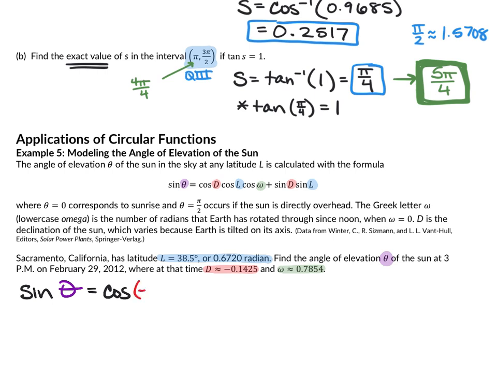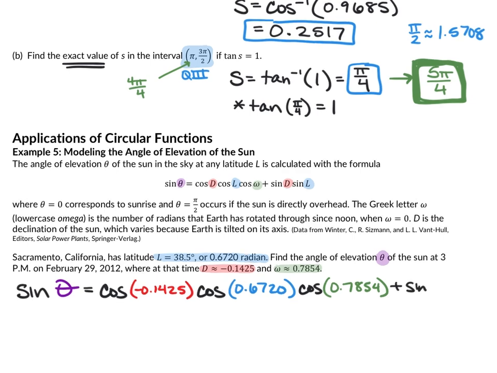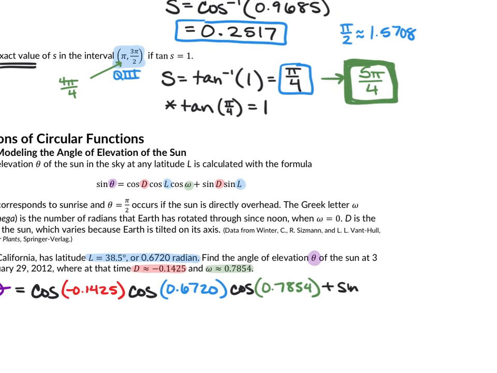D is negative 0.1425 times the cosine of L, which I make sure I use the radian version of that, times the cosine of omega. All of that plus the sine of the D value. I already ran out of space, just going to scoot over.